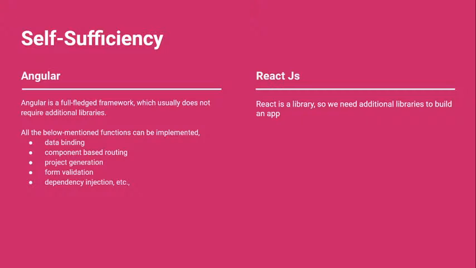Angular is a complete full-fledged framework developed by Google. It has a big community creating a lot of things. On the other hand, React.js is a library, so we need to create everything ourselves. We need to add forms and other things completely. It depends upon the developer. But Angular already has the full-fledged one. So on the self-sufficiency point, Angular is better than React.js.